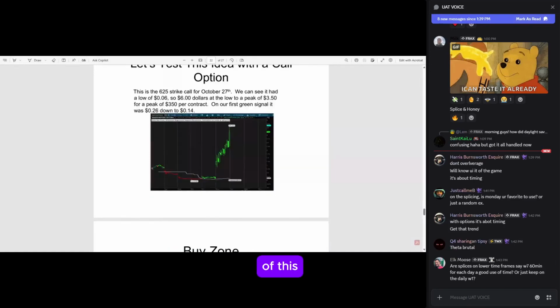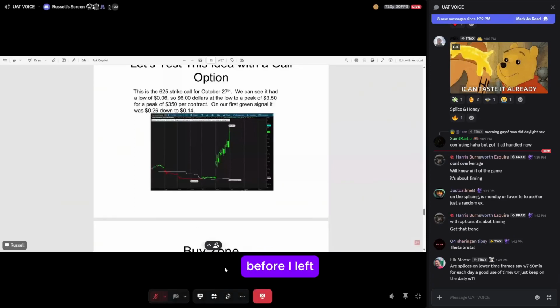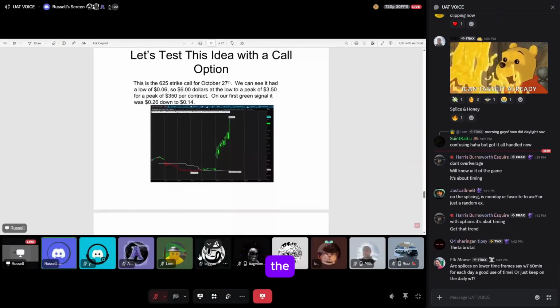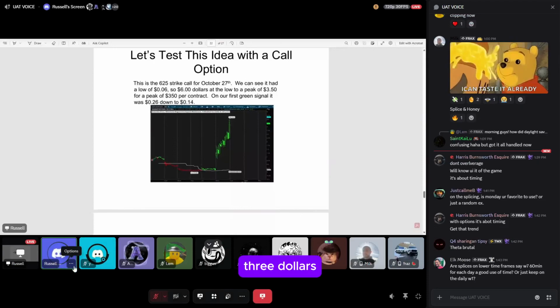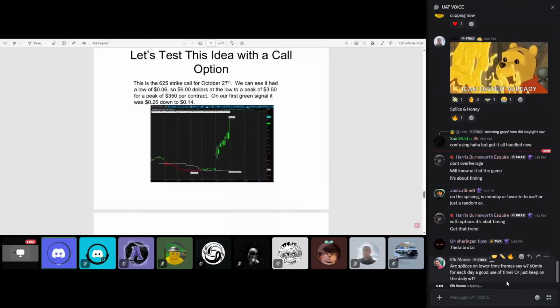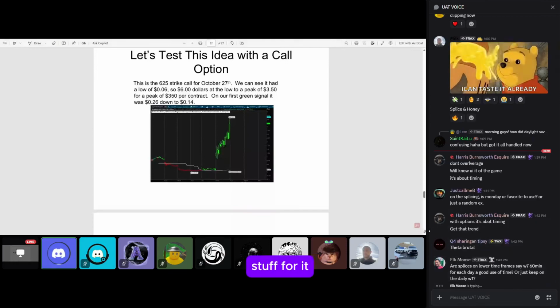You can see the power of this for just Mondays. Fridays are awesome. Like I was showing before I left on vacation, I forgot what trade it was, it was $2 to $3. And then on Friday it went to 23. And I was just using splicing, just using simple stuff.